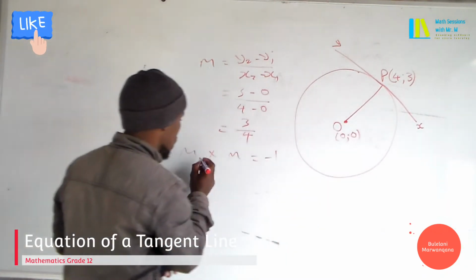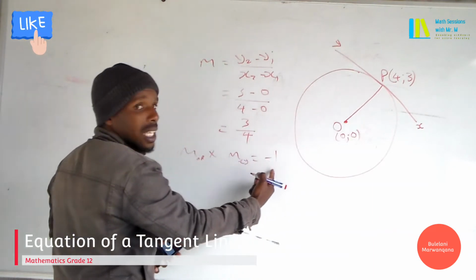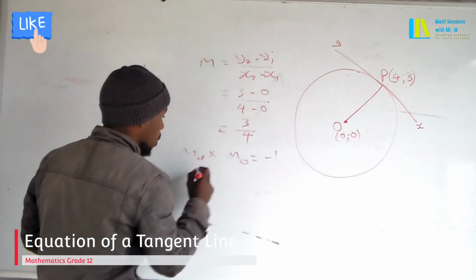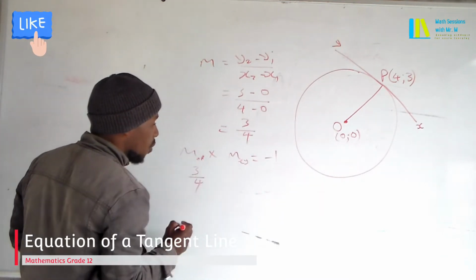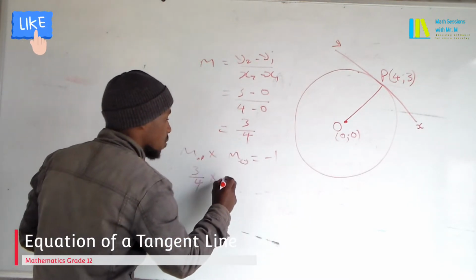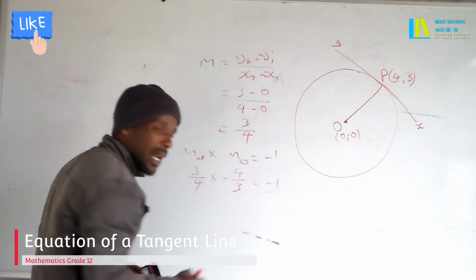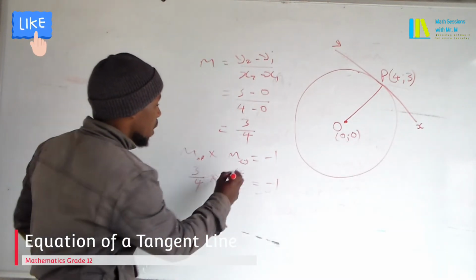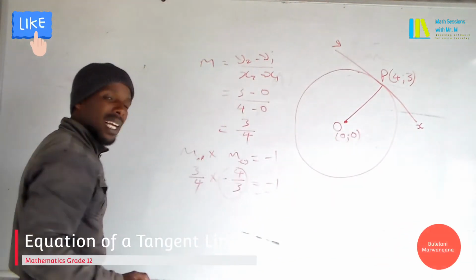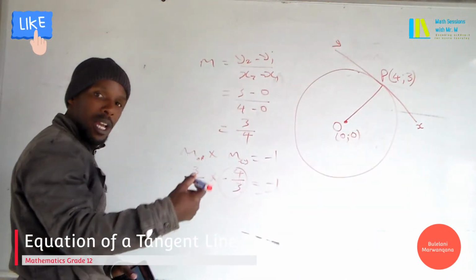So line OP, when you multiply its gradient with that of line XY, must always give you -1. The gradient on OP that we calculated is 3 over 4, so we multiply it with the negative reciprocal so that we can get -1 as the rule says. So the gradient of XY becomes -4 over 3. So we have a gradient for the line that we want the equation for.